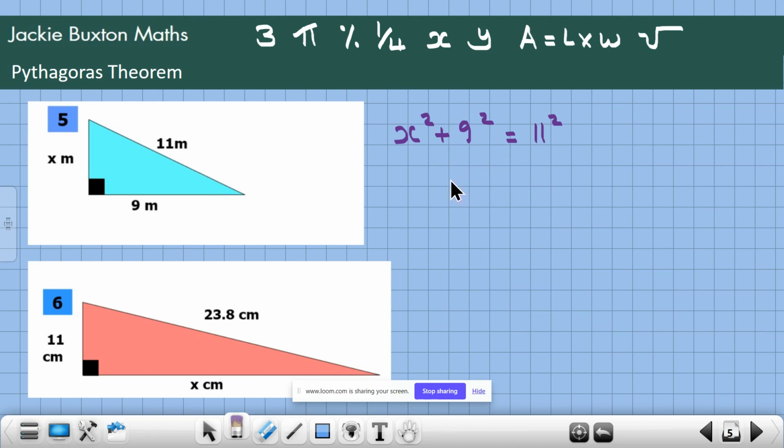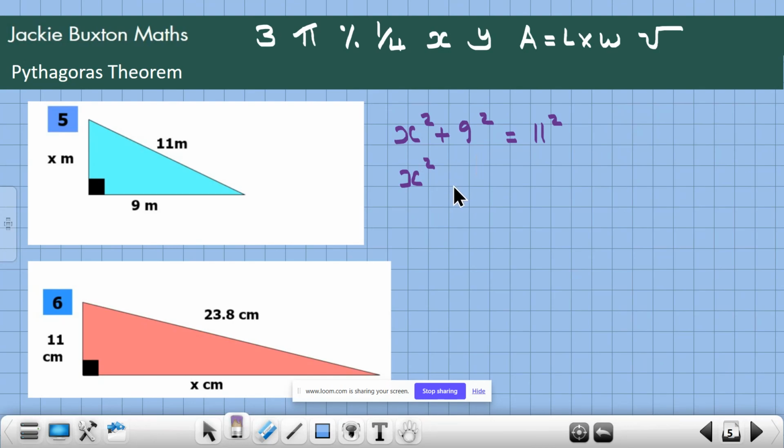So we've just got one extra step to do. We want to find out what x is. So we need to rewrite this x squared, and we're going to take the 9 squared away. So we want to lose it from this side, but if we want to take that 9 squared away from that side, of course we've got to take it away from this side too.